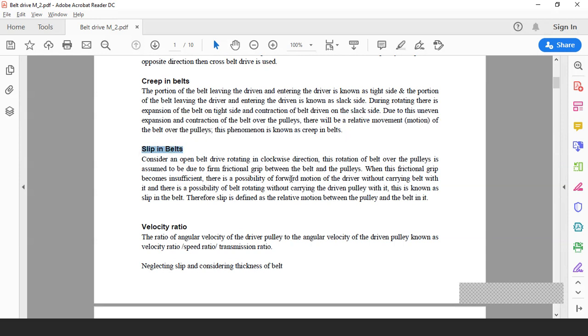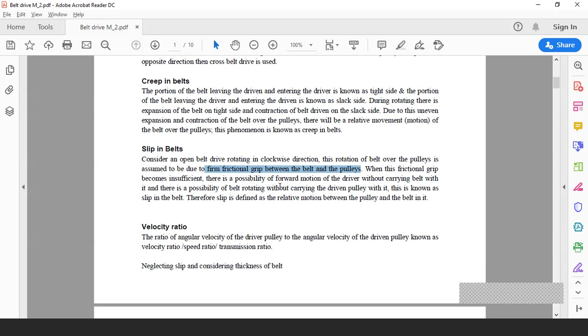Here we assume there is a proper, firm frictional grip between the belt and pulley, so that the belt is in contact with the pulley surface. Due to the continuous rotation, as the speed varies between the driver and the driven, and depending upon the power transmitting capacity, an insufficient frictional grip can result between the belt and the pulley surface.